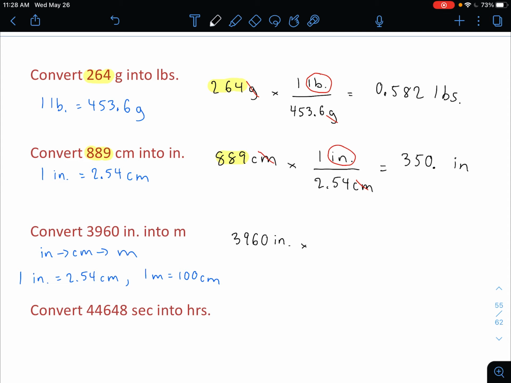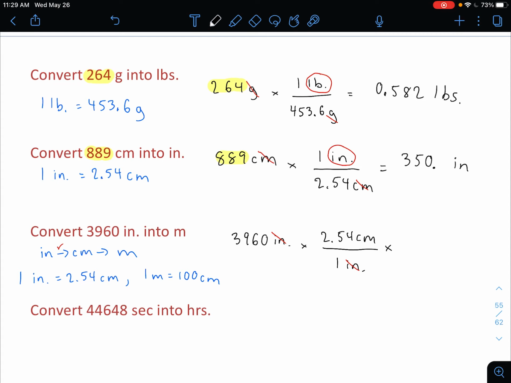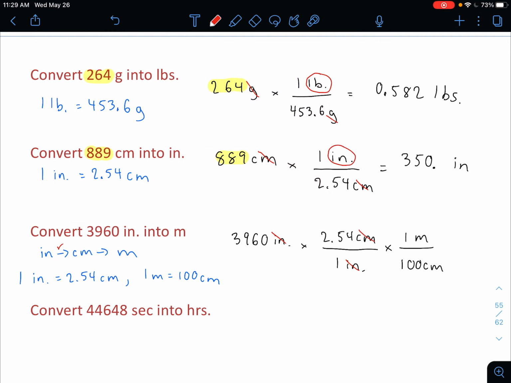3960 inches. So I'll go to centimeters, right? So 2.54 centimeters. Centimeters in the numerator, 1 inch in the denominator. We know that's right because inches cancel inches like that. That's our first step in the process. And now I want to go to meters, right? So now it's going to be times 1 meter divided by 100 centimeters. Same story here.